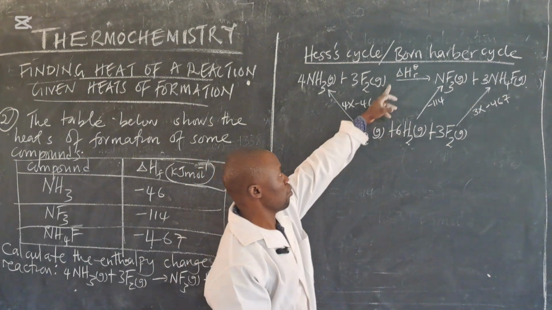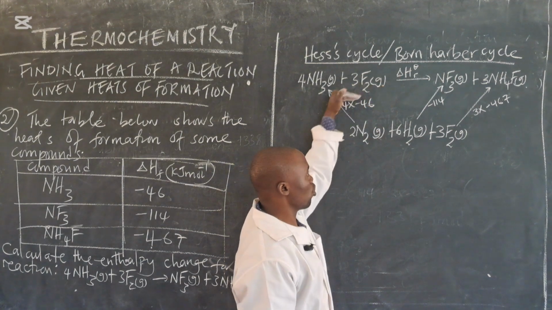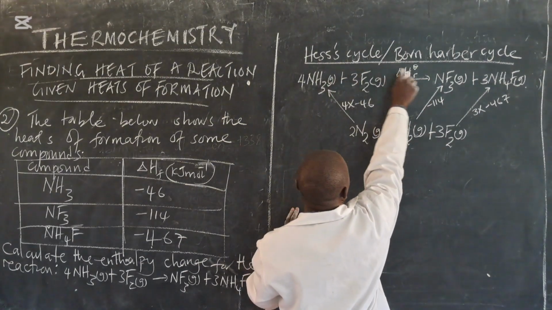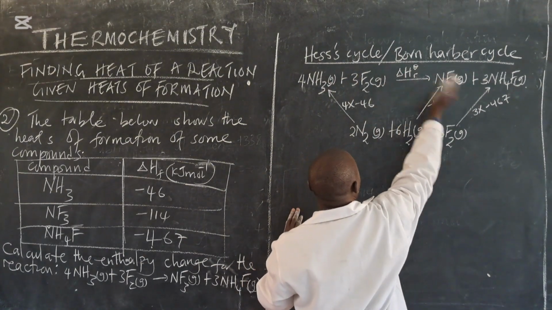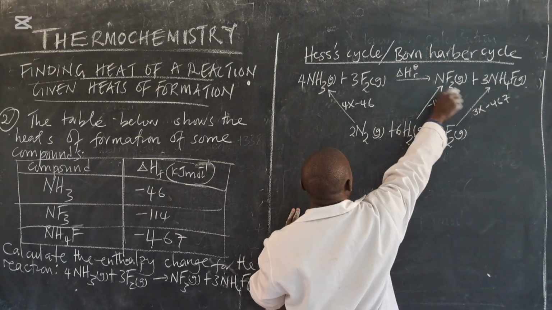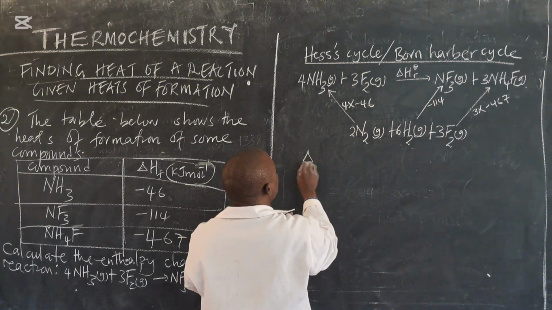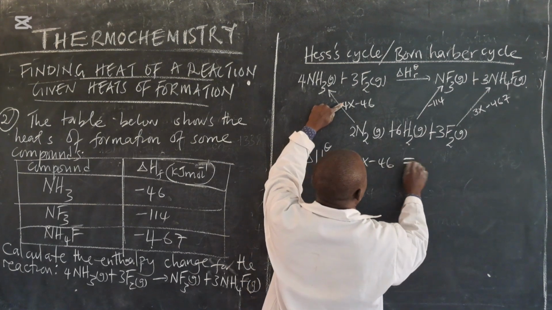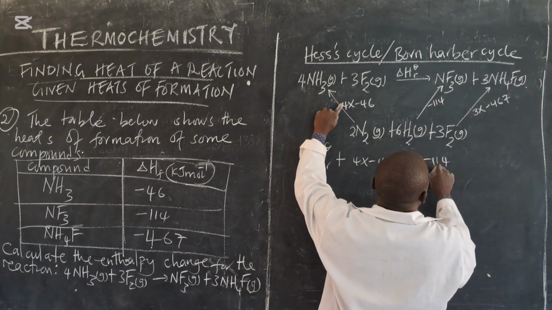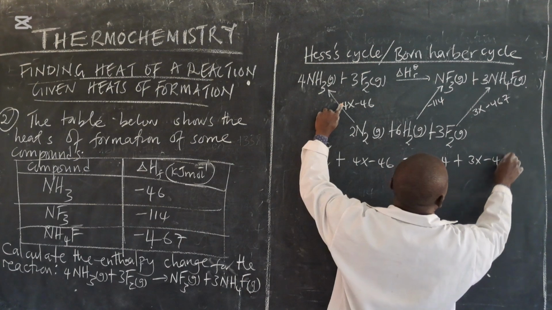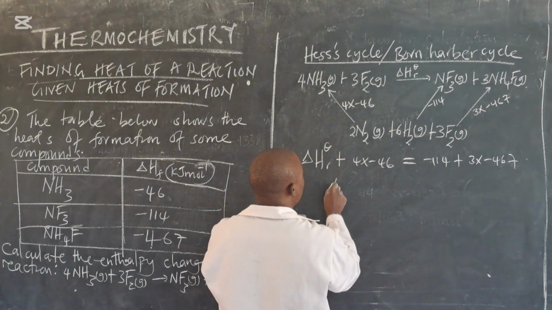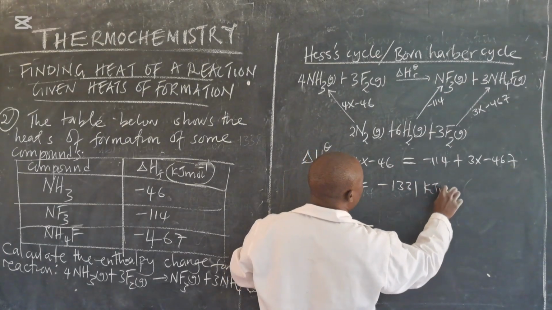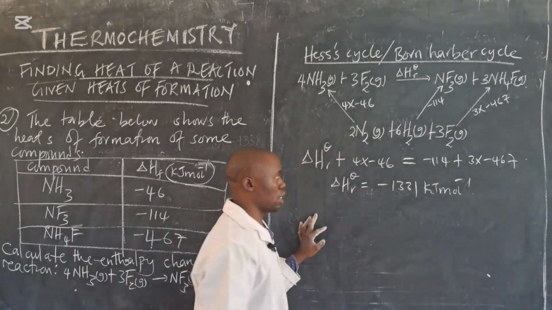Or rather, you can make this energy to be the total of all these by modifying these arrows. By observation, this is going in the same direction as this, and these are going anti-clockwise, clockwise, then this also clockwise. So the delta heat of reaction plus this, the 46, equals this one plus 3 times negative this one. Finally, you must be able to solve that expression and receive negative 331 kilojoules per mole on handling that calculation.